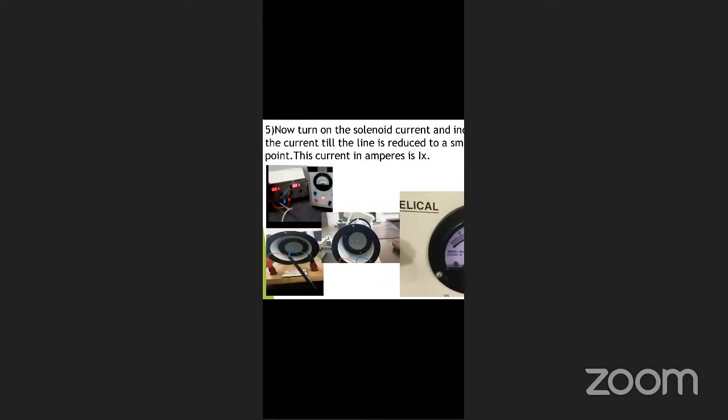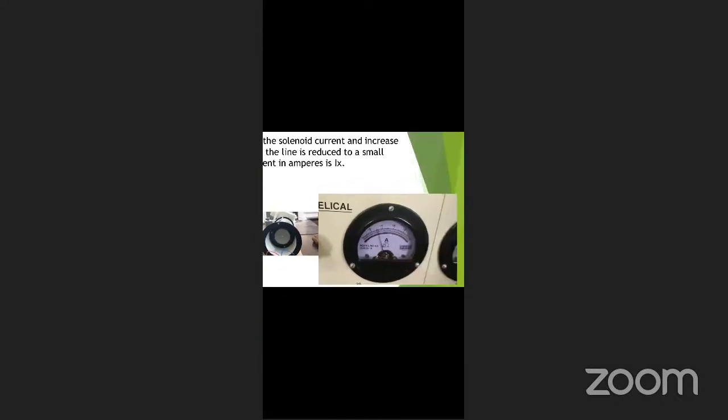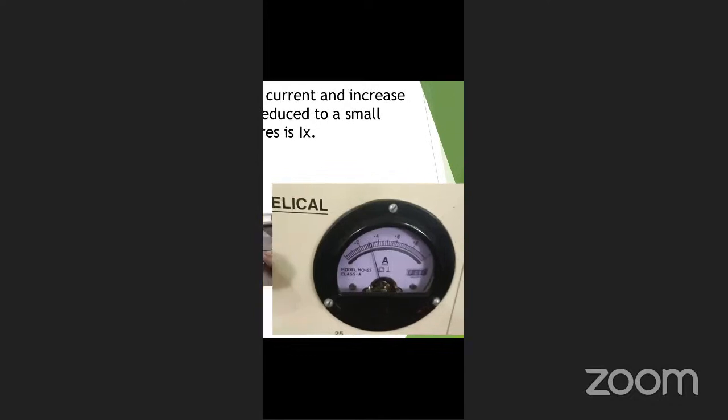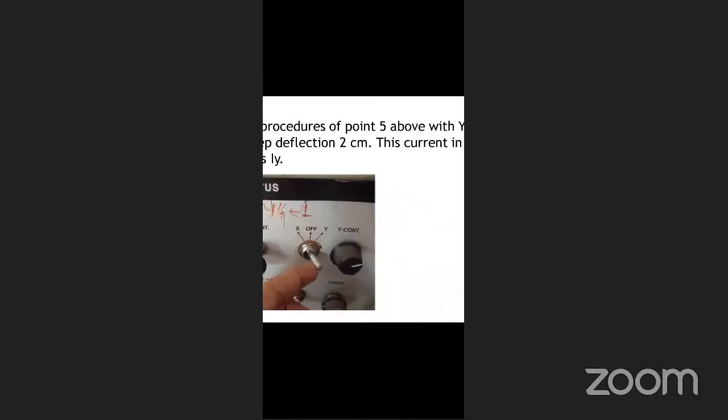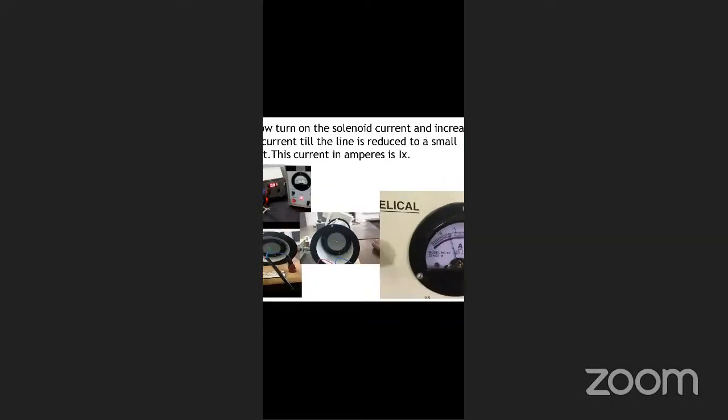We will find the value of Ix. Firstly, we will increase the current till the line is reduced to a small point. This current is in amperes, Ix. Now we will set this knob to Y, because we have to find the value of Iy, and we will repeat all these steps.